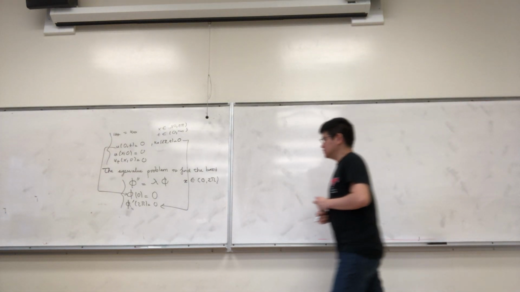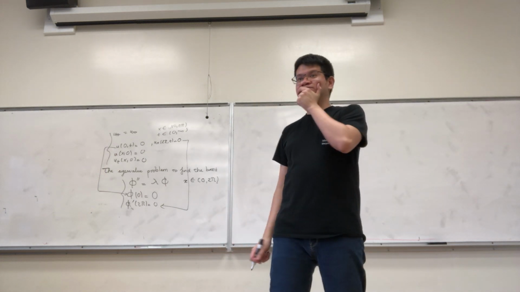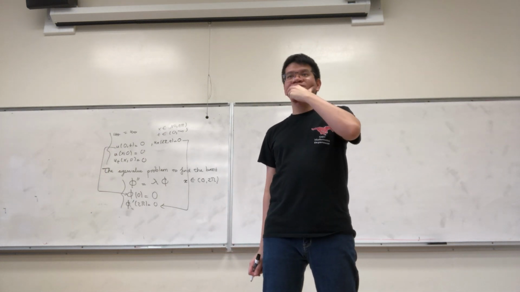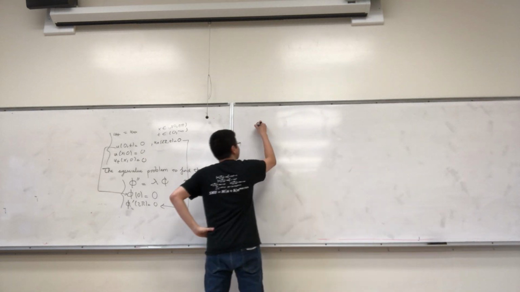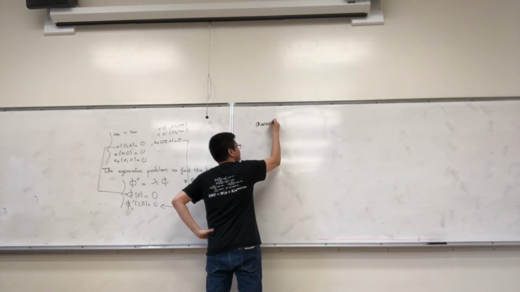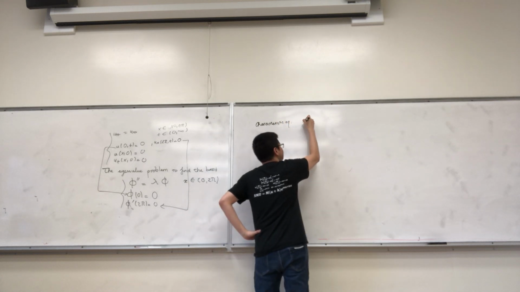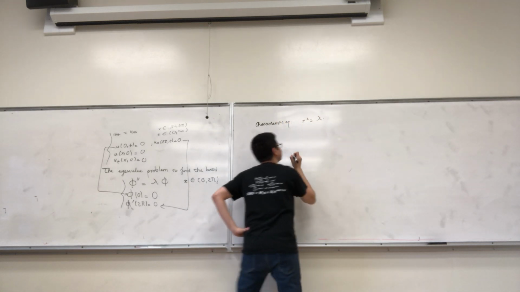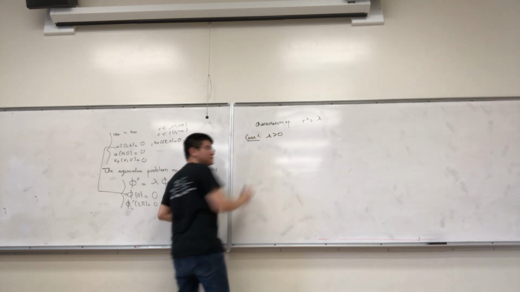So how can I solve this eigenvalue problem? We can set up the characteristic equation. The characteristic equation will be r squared equals lambda. Case number 1, lambda is positive. So what happens when lambda is positive?